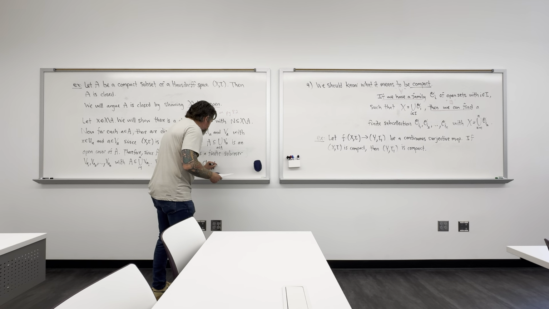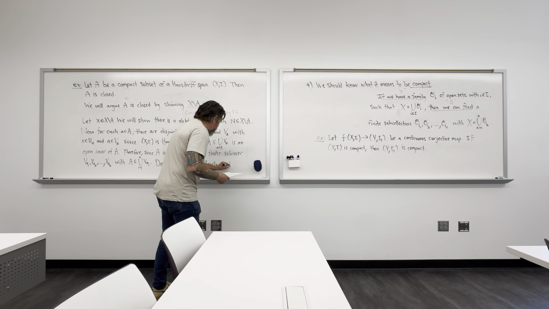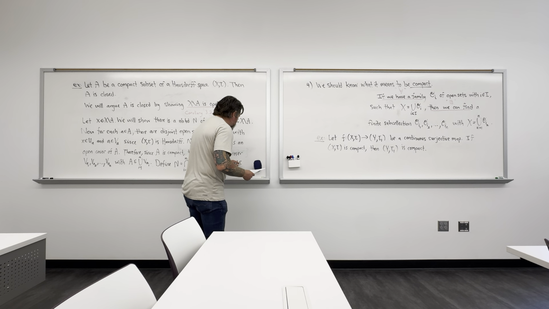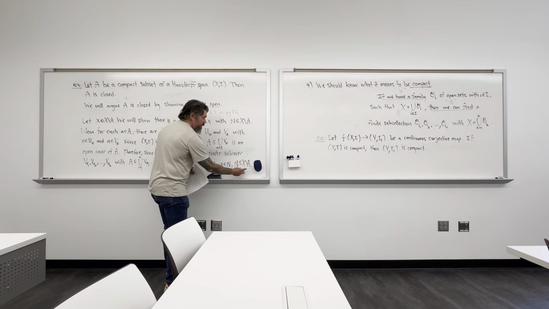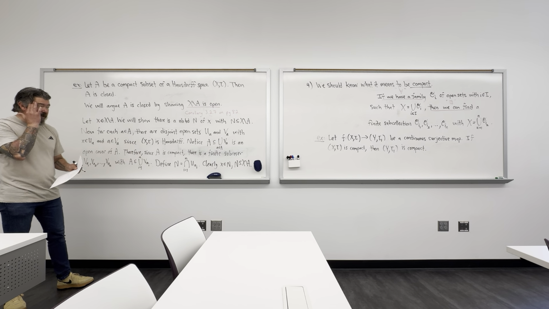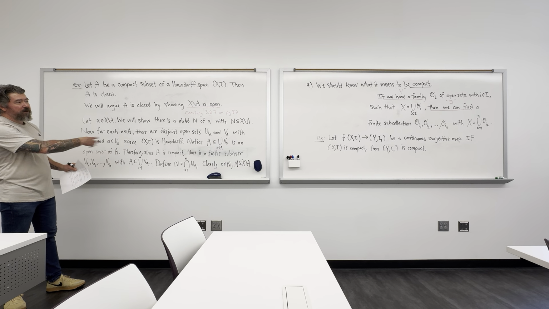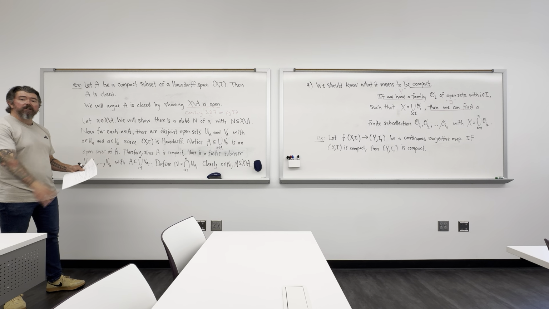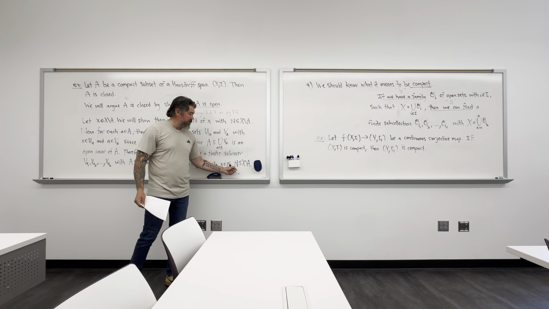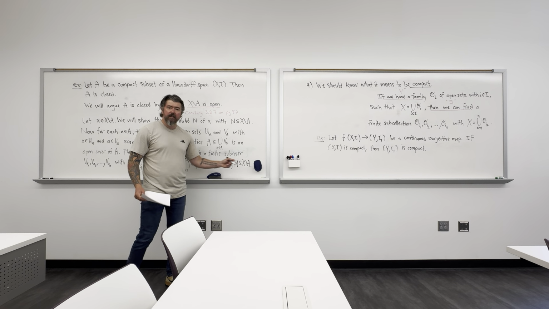Clearly, x is an element of N, and it's easy to see, and you can finish this off, that N is a subset of the complement. It's easy to check that. Because I'm out of board space, I'm just going to put clearly this is true, but it's a quick little argument to show that this fully sits inside of here.